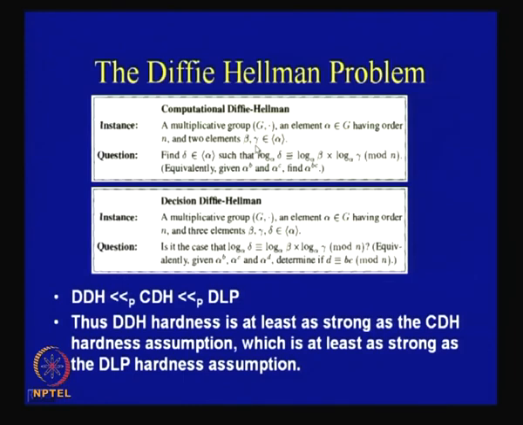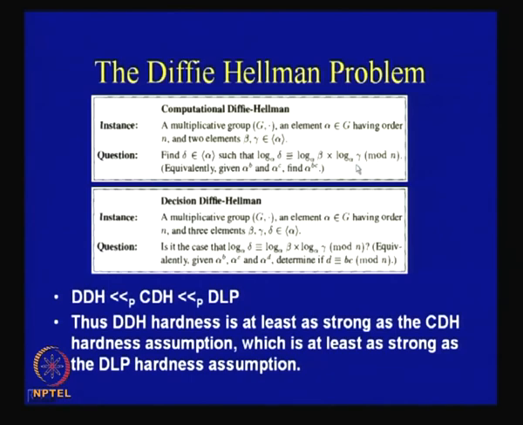Our question is to find another value delta, which belongs to this group also, such that the logarithm of delta to the base alpha is congruent to the logarithm of beta base alpha multiplied with the logarithm of gamma base alpha, where we are doing all computations modulo n.